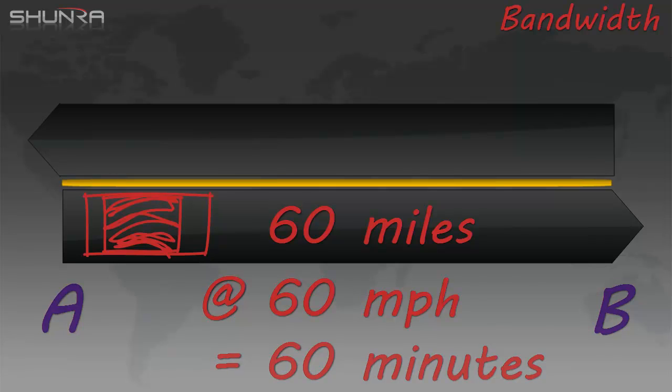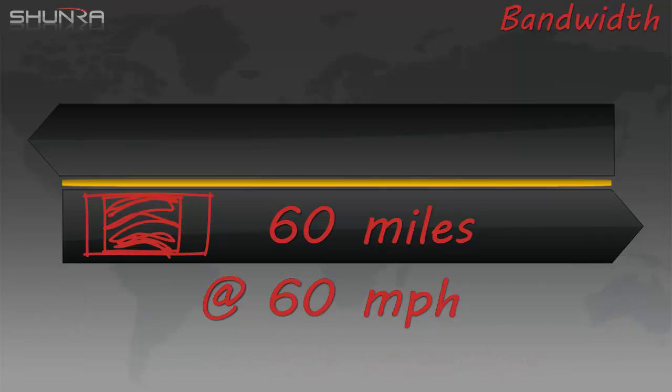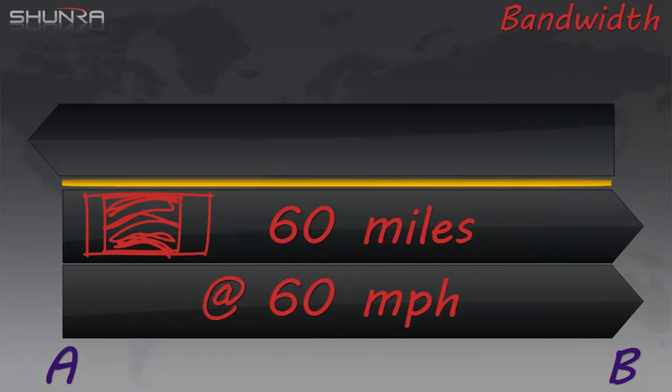Let's do this. Let's make it a 2-lane highway. We still have our car. We're still traveling between point A and point B. We're still going 60 miles, and we're still going at 60 miles per hour. How long is it going to take from our car to get from point A to point B? An hour.